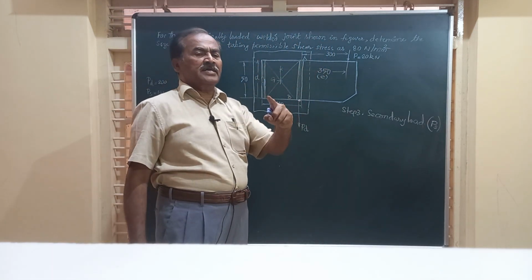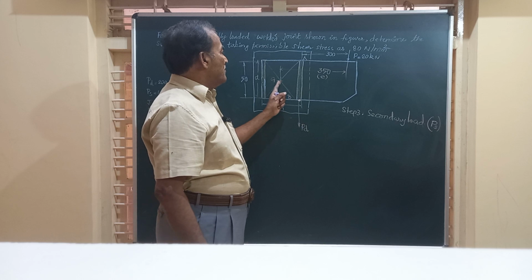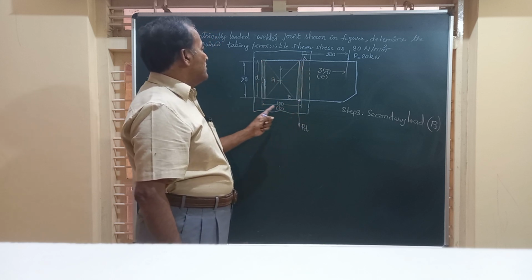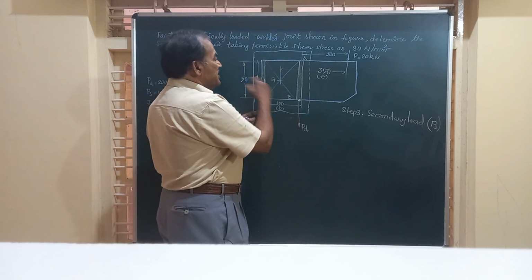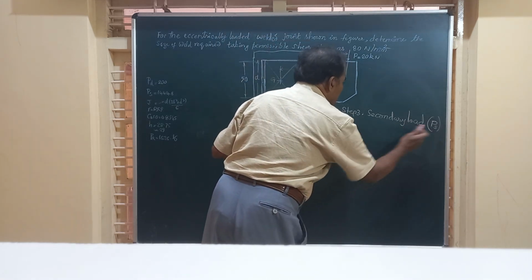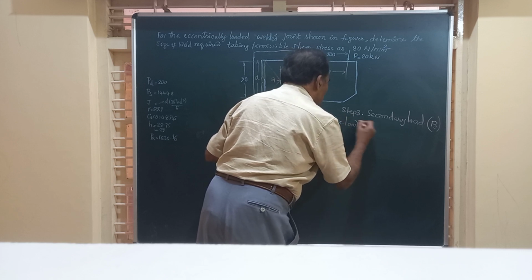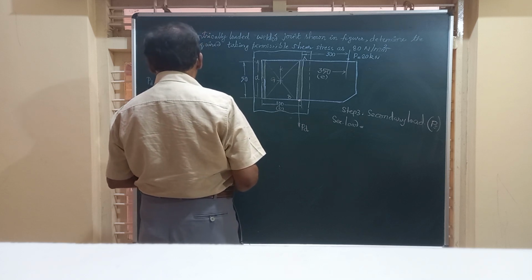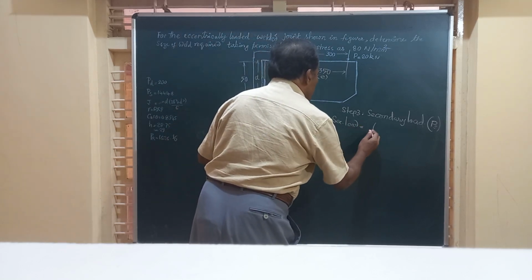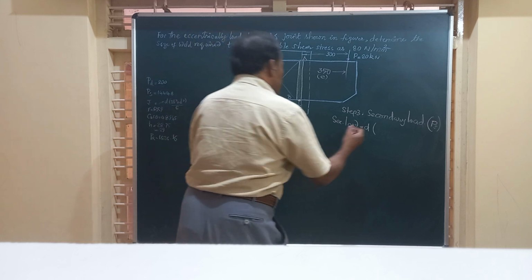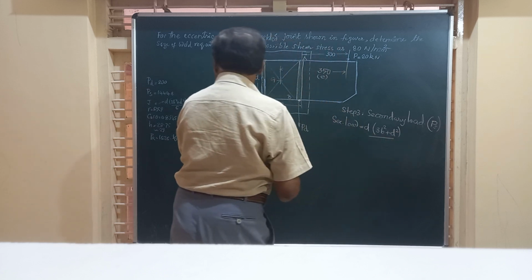If you refer to the machine design data handbook, there is a big tabular column for the location of the weldment corresponding to the dimensions B and D. The formula is D into 3B square plus D square, divided by 6.